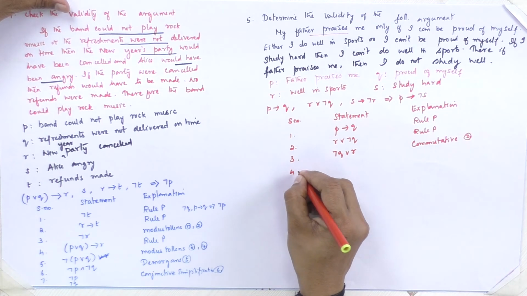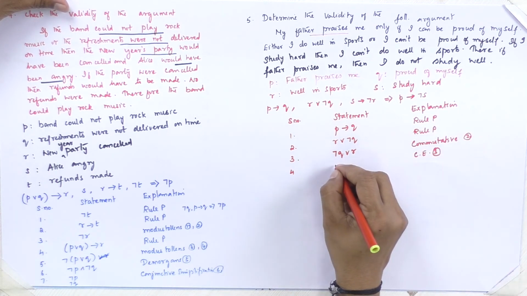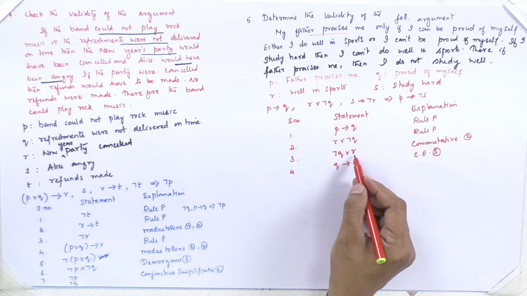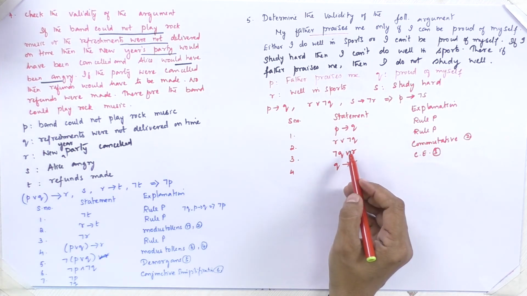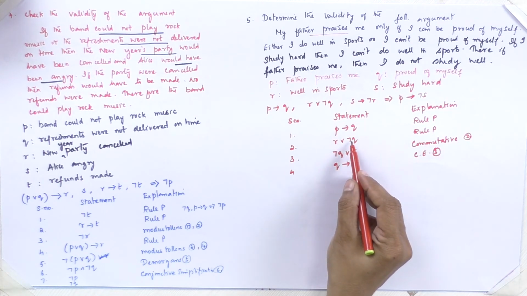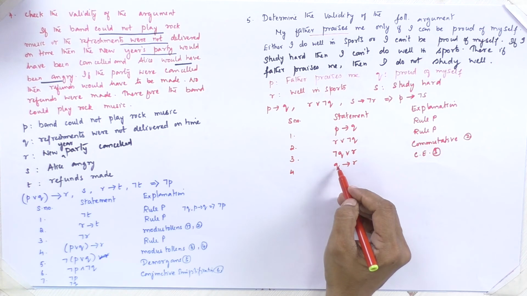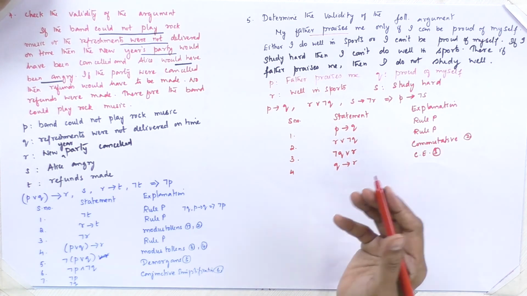Now apply conditional equivalence on 3. So I will get Q conditional R. Understood why I have applied the commutative law? You might be wondering why. If I apply the commutative law, the positions are interchanged, and then if I apply the conditional equivalence, I get Q here and the statement starts with Q, so that I can apply the chain rule.